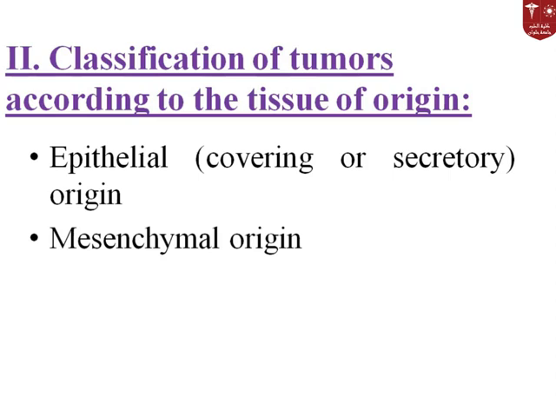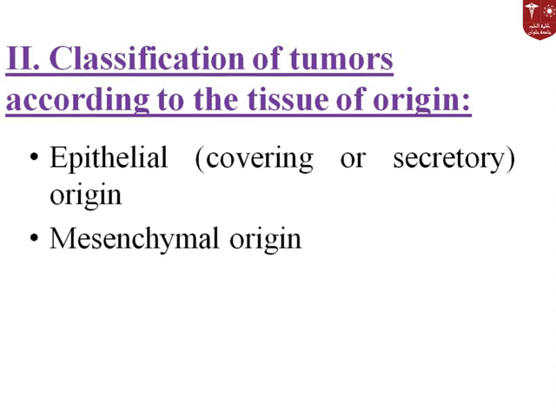This is lining or covering epithelium. Like the epithelium that is present in the glands, it is called secretory epithelium, okay? So they found that tumors that arise from epithelium have certain characters. That's why they classified them according to the tissue of origin.